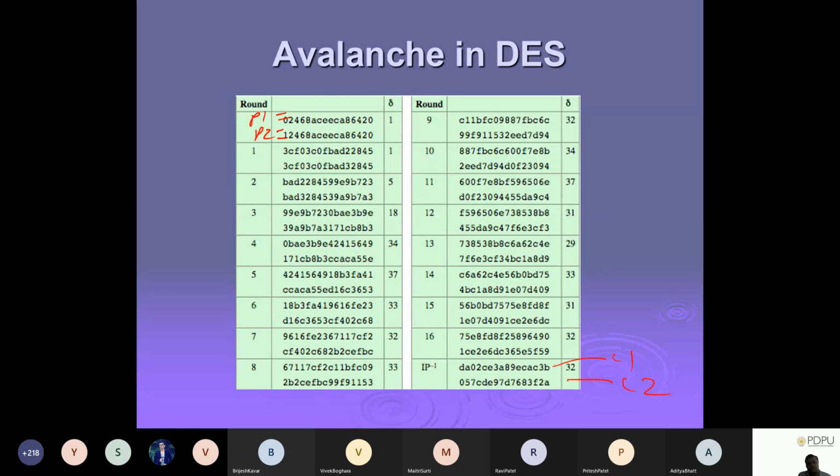But why is this type of thing there? Here is another puzzle: what is this delta? What are these numbers? You are missing puzzles, no? Consider this as a puzzle. This is what we call the avalanche effect in terms of security. Every cipher is supposed to exhibit the strong property of the avalanche effect.